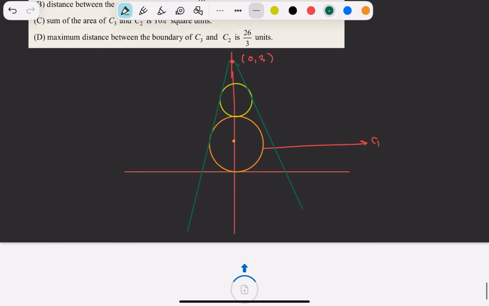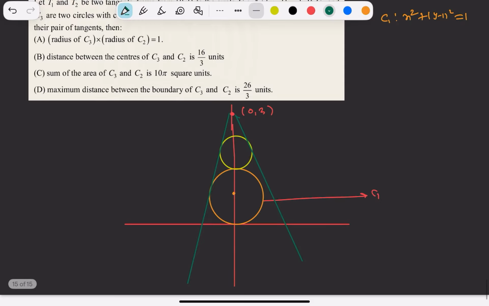Just think of the diagram, obviously it won't be proper, but we can think of the diagram something like that. This is the circle. Just adjust with the diagram, you will get it. This circle will be touching something like that.